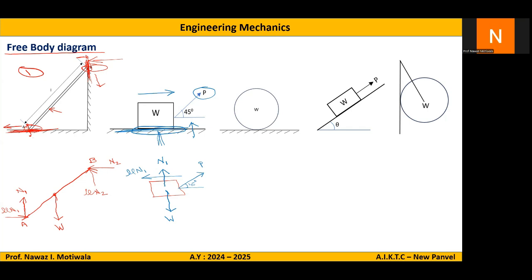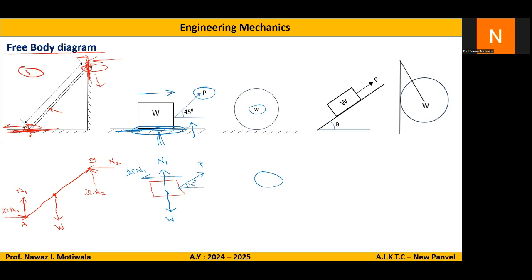Now let us go to the third case, wherein we have a cylinder of weight W again resting on the surface. So again, for a free body diagram, I will isolate the body from all the contact surfaces. So let us say this is a body which has been isolated, a circle or a disc. The first force which we show on a free body diagram is the applied force.